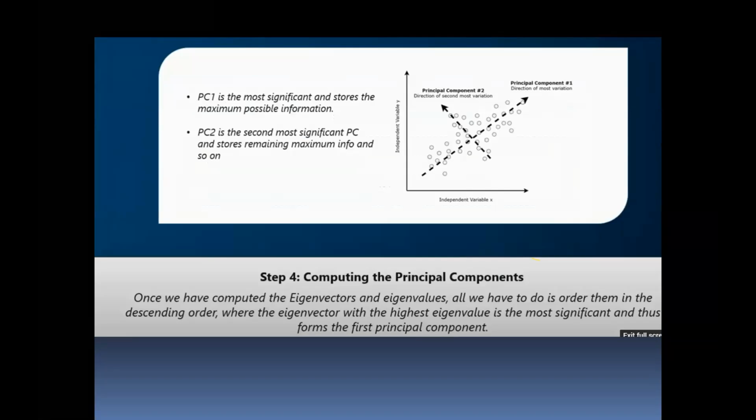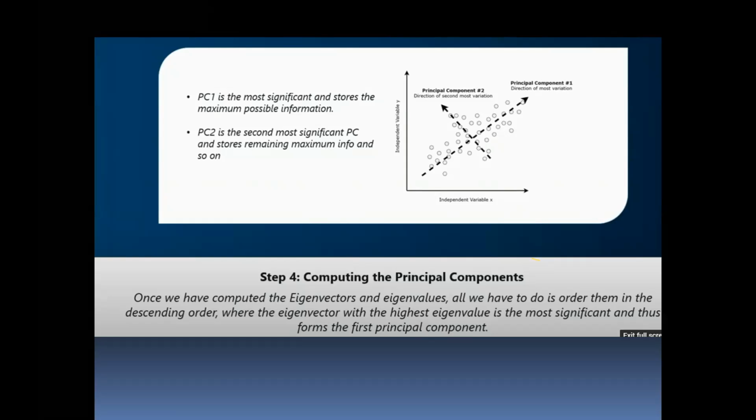Once we have computed the eigenvalues and eigenvectors, all we have to do is order them in descending order. Just now I said the highest eigenvalue indicates that particular feature is a high potential one. So after we calculate the eigenvalues, we have to sort them.